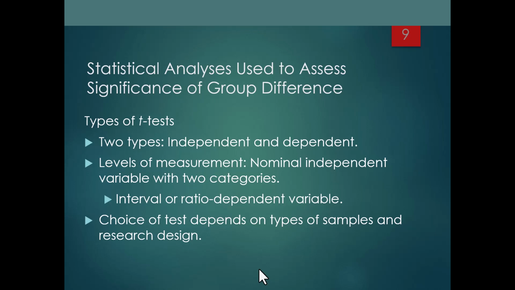That means, for example, if you have gender, male and female, that's nominal. And then your dependent variable is measured at the interval or ratio level. However, which t-test you use depends upon the type of samples that you have for your research design. So your samples will determine whether you're using an independent or a dependent t-test.